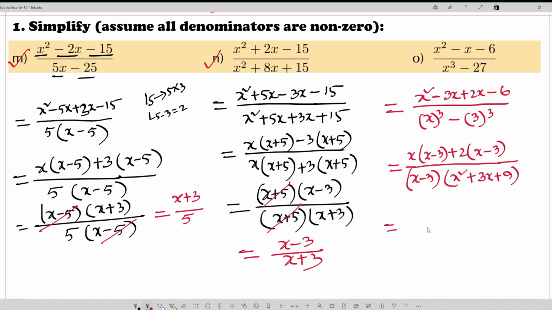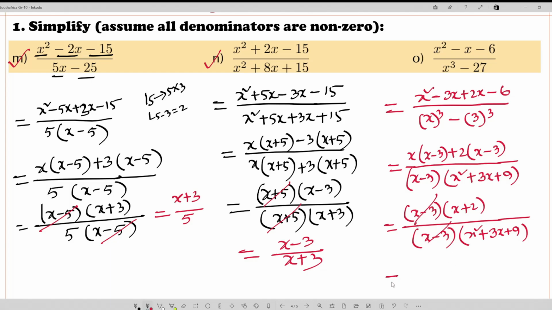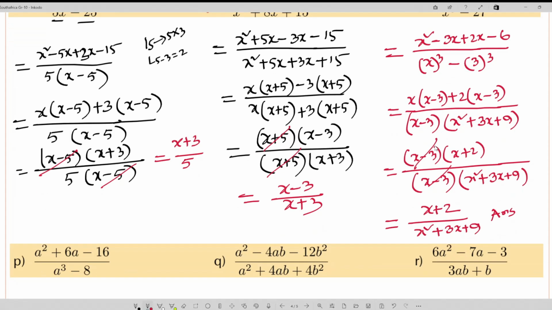Then x minus 3 times x plus 2 over x minus 3 times x square plus 3x plus 9. This one we cannot do anything. So x minus 3 out. So here is x plus 2 and here is x square plus 3x plus 9. So this is our answer. So we already completed 3 problems, up to O we are done.